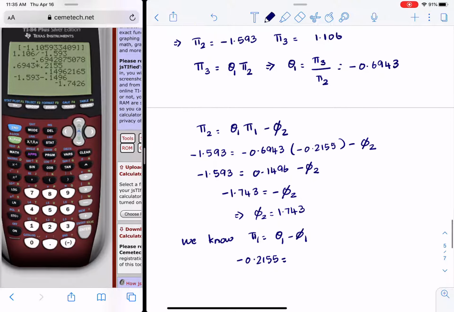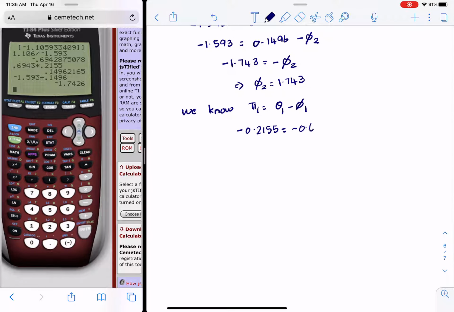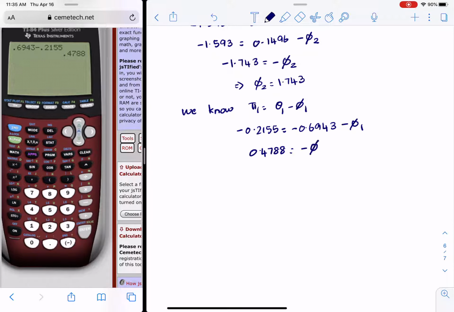Theta 1 is the value we just found, negative 0.6943 minus phi 1. Simplify, we would have 0.6943 minus 0.2155, 0.4788 equals minus phi 1, which would imply phi 1 is negative 0.4788.